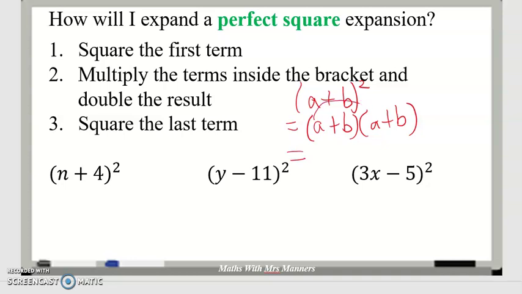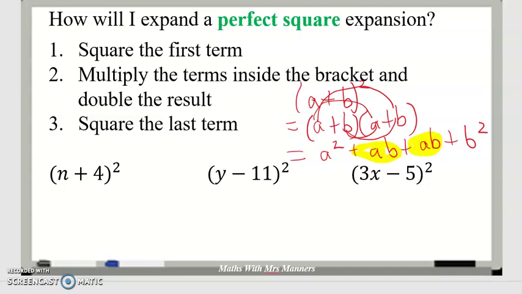So we're going to do the firsts, then the outsides, that's ab, and the insides, that's ab again, or ba, but ab and ba are the same term, so I'll write down ab. And b times b is b squared. So I want you to notice once again that I did get that term being repeated.